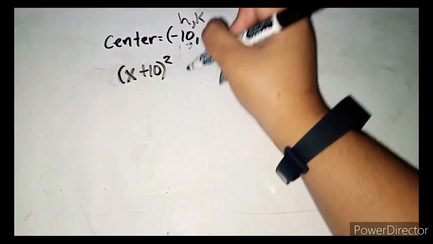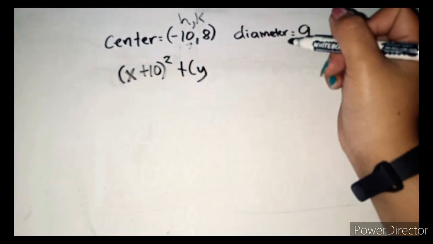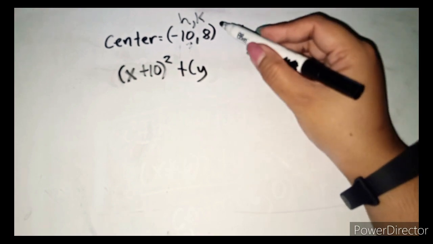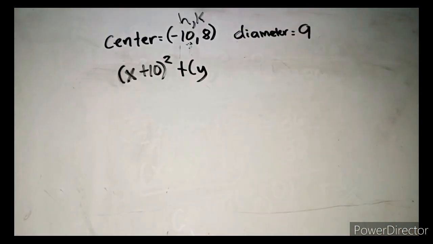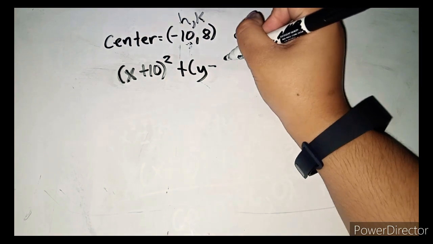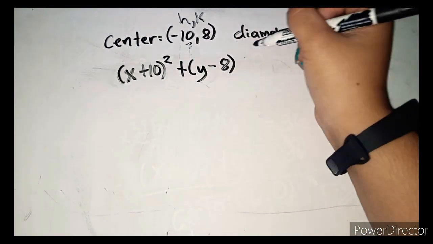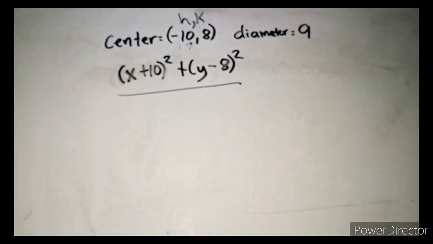Then, squared. Plus, dun tayo kay y naman. So, si y naman, ang laging kasama niya ay si k. So, for this one, ang k natin ay positive 8. Pag ibinalik natin yan sa loob, or yung opposite niyan ay negative 8. Then, squared. So, eto na yung center natin.